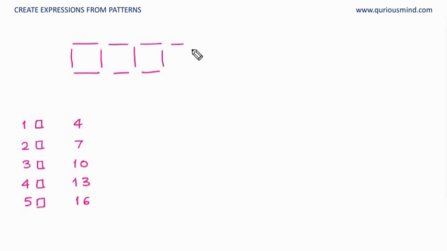Now, if you see, each time I am adding 3 matchsticks. So let's say if I keep one matchstick aside, then for the first square, I need that one which is kept aside plus 3, that is 1 square into 3. For 2 squares, I need that one which is kept aside, and I need 1, 2, 3, 1, 2, 3, 2 times 3.